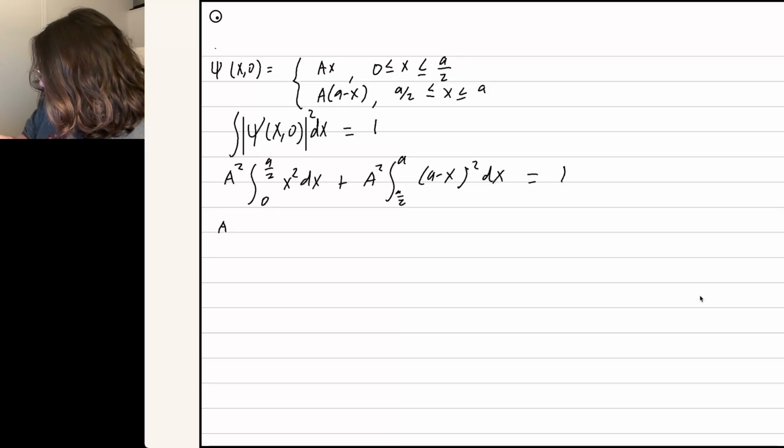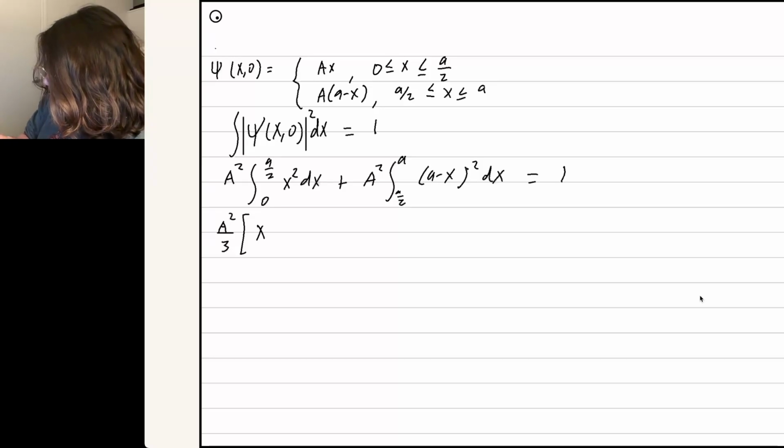So the first integral is going to be x cubed over 3, so we're doing that sort of thing. X cubed, 0 to a over 2 over there.